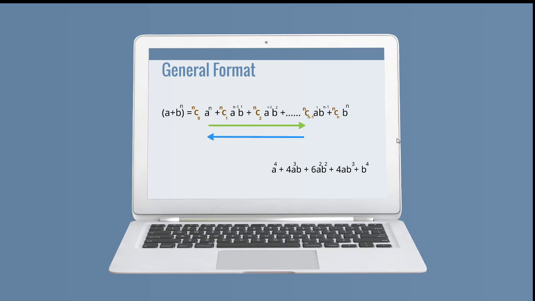We have learned that you can find the expansion of a binomial to the power of any positive integer, and actually any integer you can find.